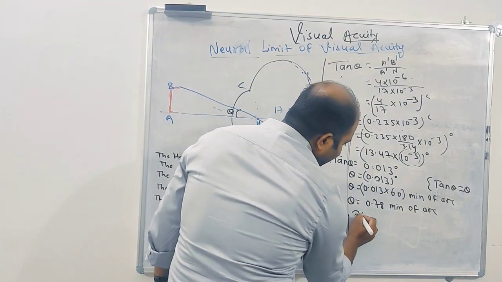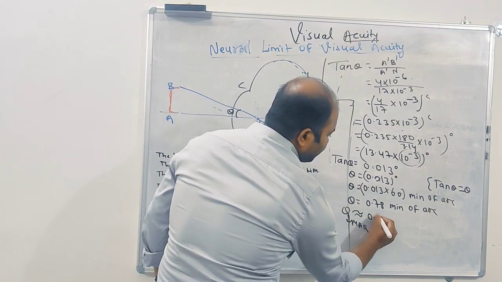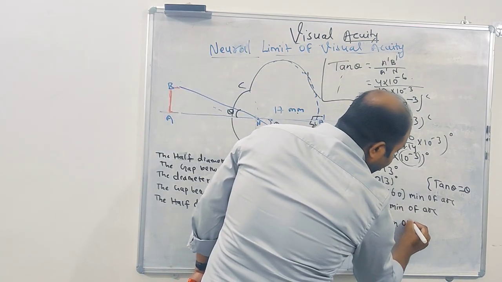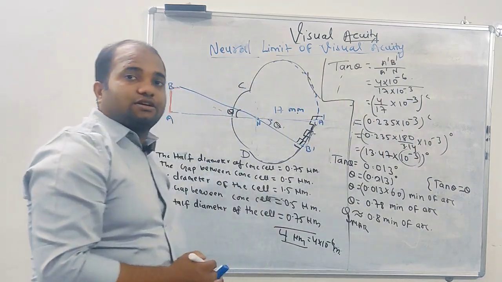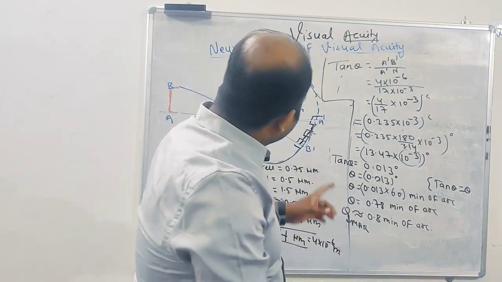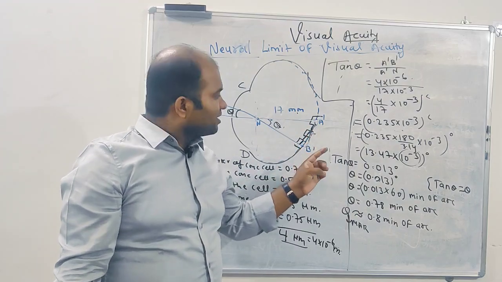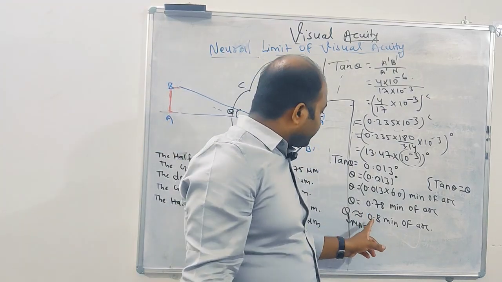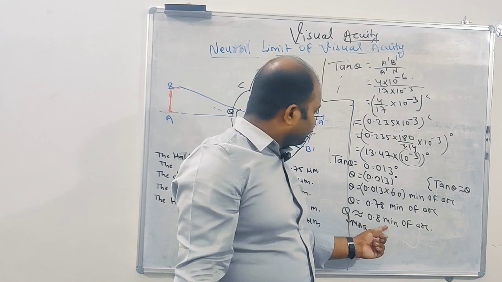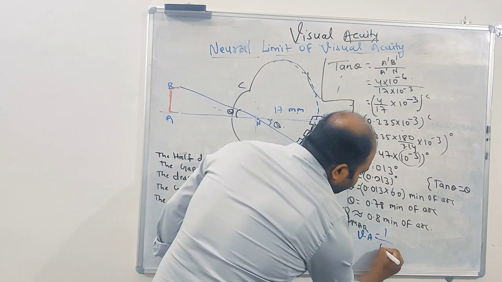So approximately this MAR should be how much? 0.8 minute of arc, which resembles the optical limit. So that means your neural capacity, based on this cell density, the diameter of the cells and the gapping between the cells, is such that your MAR should be 0.8 minute of arc, and you have the capability to see up to visual acuity equal to 1 by 0.8.